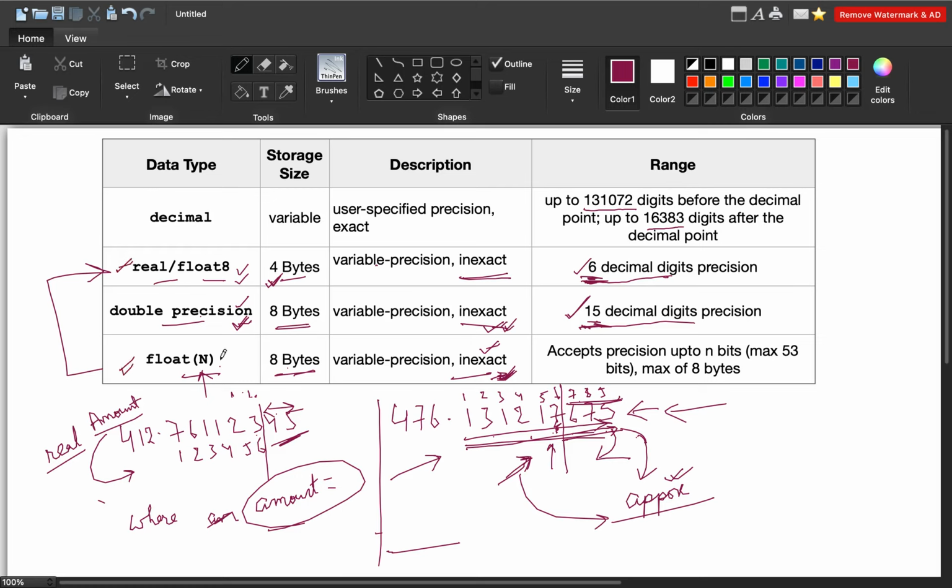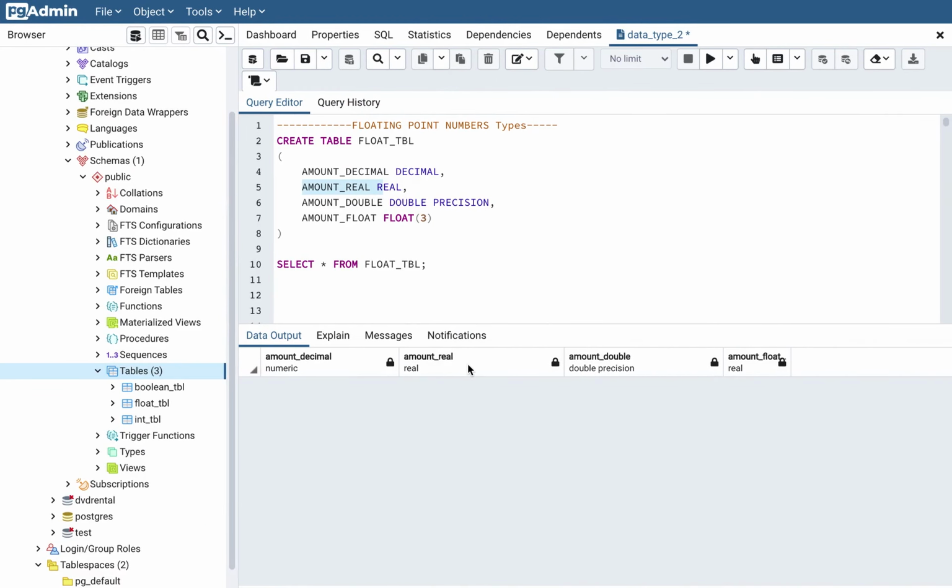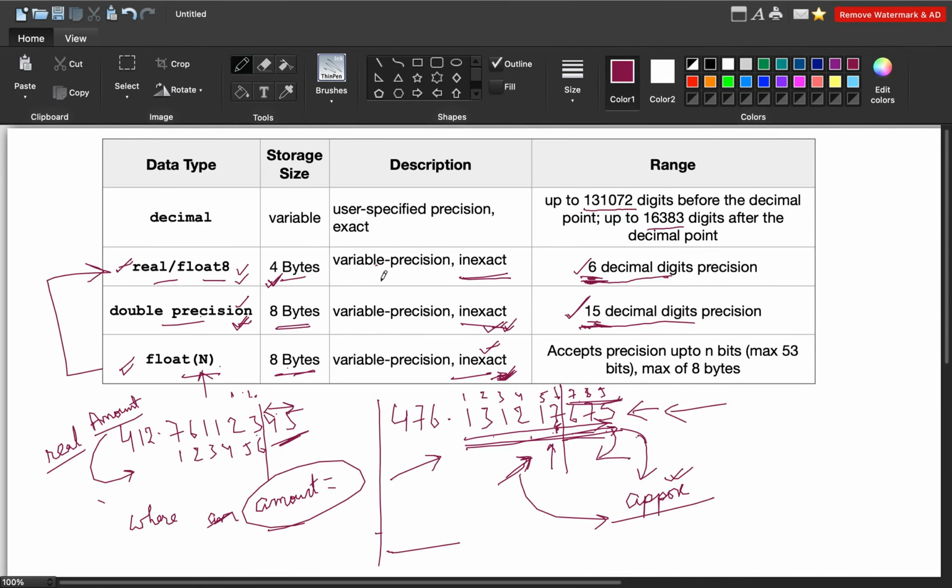Always remember, SQL will never store this as a float. Whenever you define a column with float, SQL will never store it as a float. Rather, SQL will convert it into a real data type, or sometimes it might also convert the float to double precision. I will talk about those scenarios in our upcoming practical session.